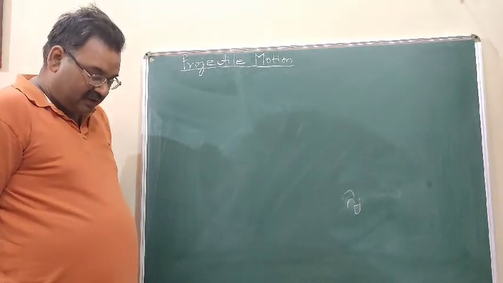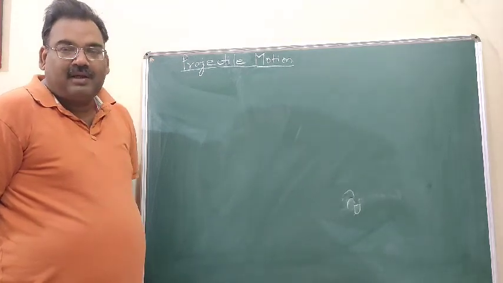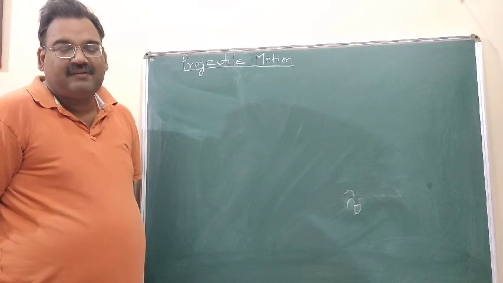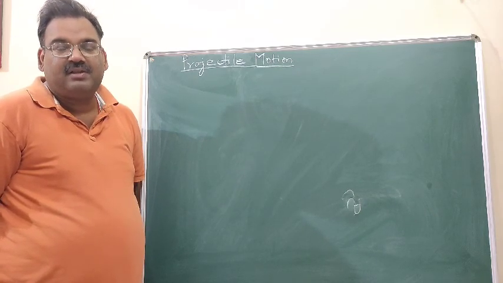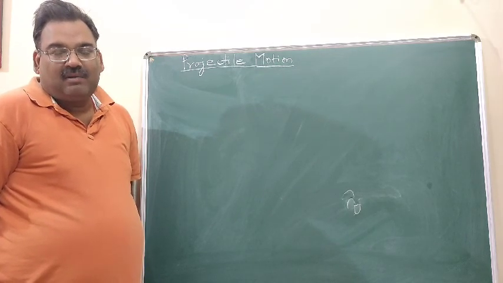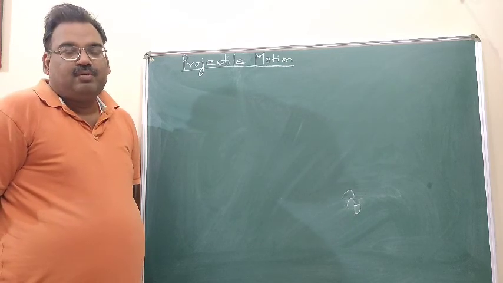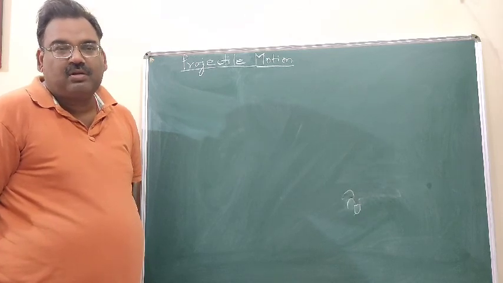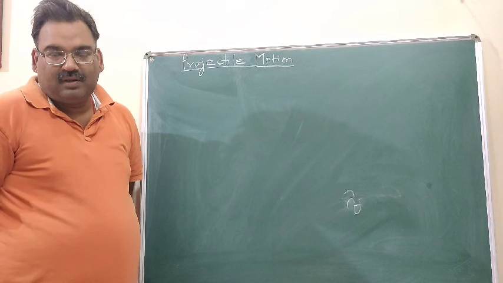But if the acceleration on the object that is moving with the velocity v is different, that is, the direction of the acceleration is different from the direction of the initial velocity of the moving body, then what happens? The direction and the magnitude of the velocity both keep changing continuously.